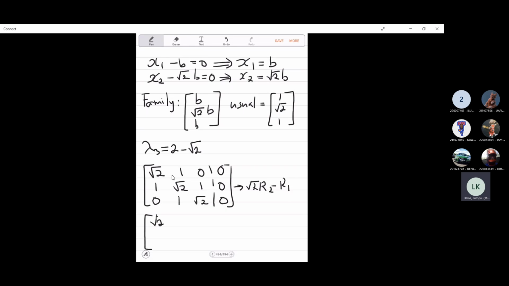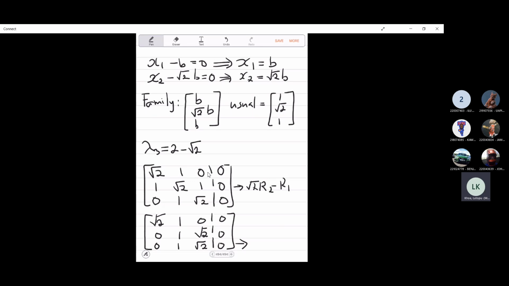So square root of 2, 1, 0, 0. Now the second row, the one that is changing, square root of 2 minus square root of 2. This is 0. Square root of 2 times square root of 2 is 2 minus 1. This is 1. And then square root of 2 minus 0. This is square root of 2. And this is 0. And then we have 0, 1, square root of 2, 0.